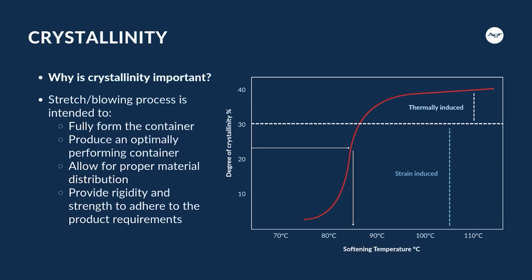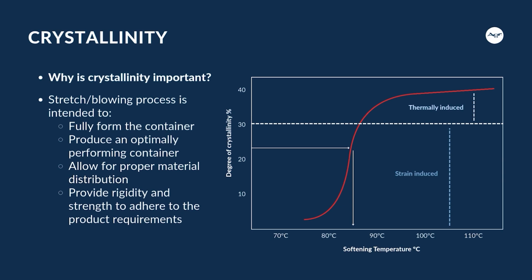So on this slide, we're looking at why crystallinity is important. On the horizontal axis is the temperature that we're heating it to, and on the vertical axis, the degree of mechanically and then thermally induced crystalline structure. We have to get up to about 85 or 90 degrees C for the preform to soften enough so we can stretch it.